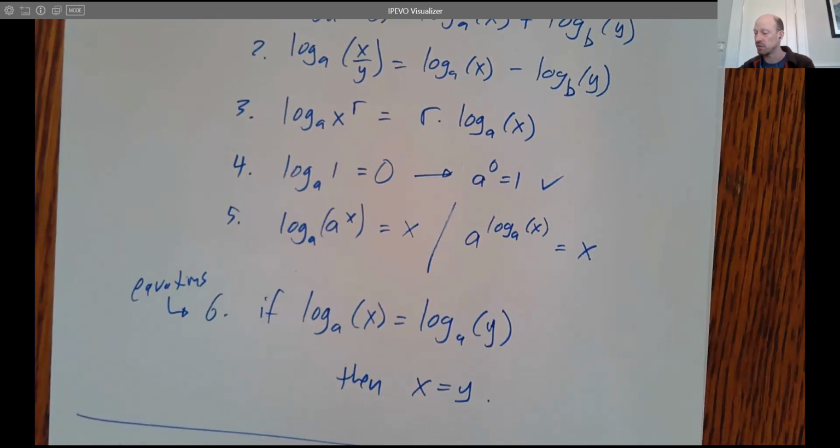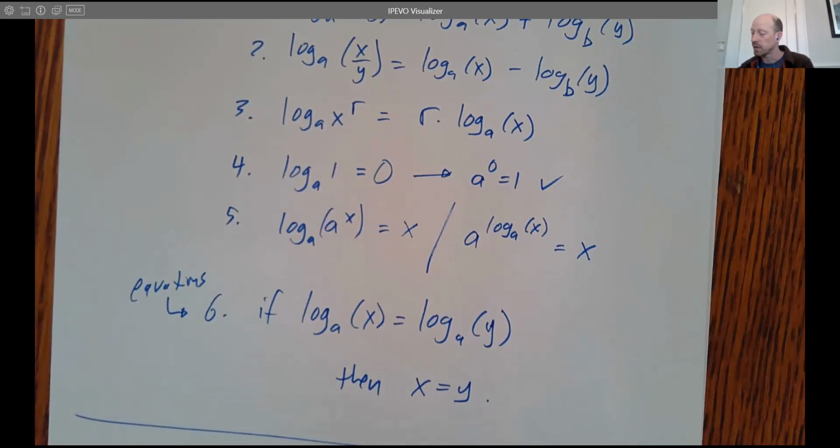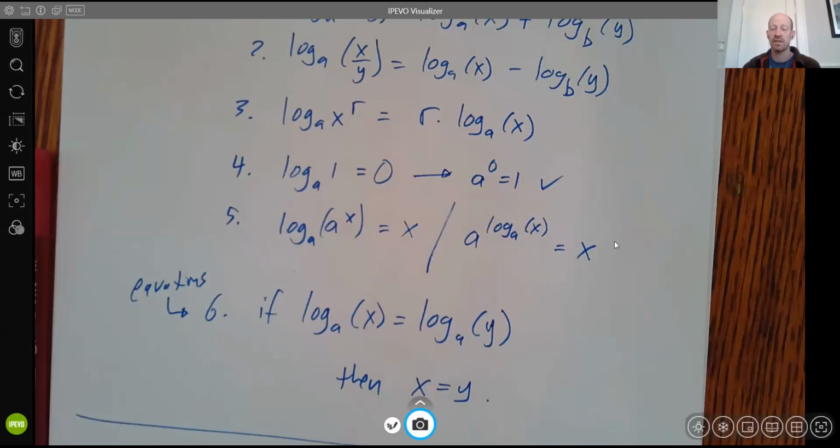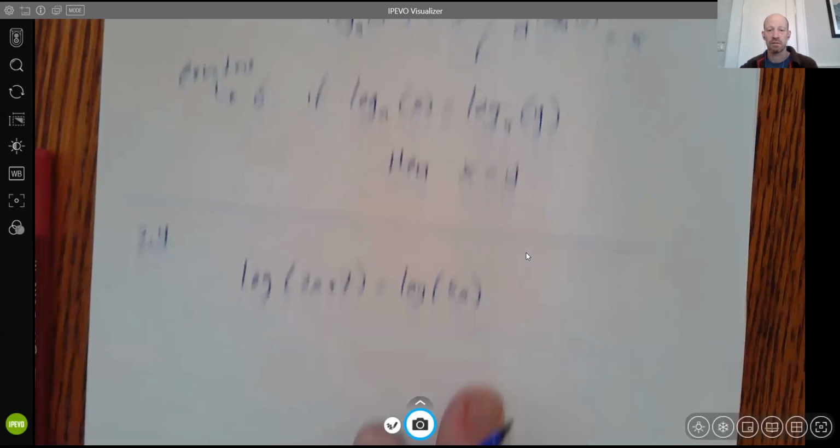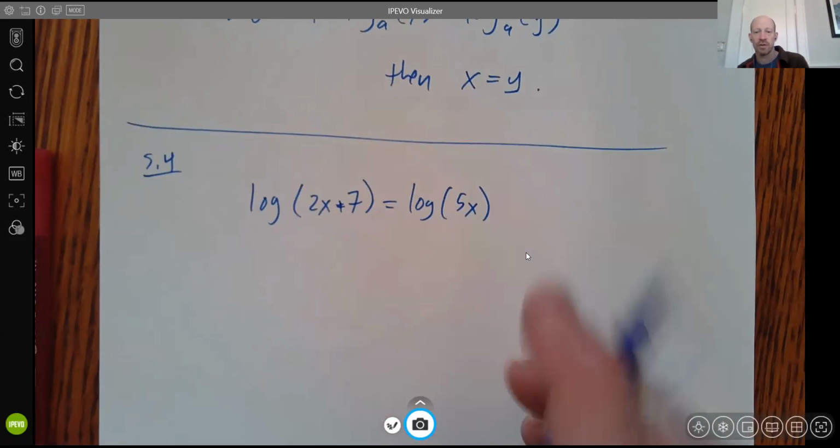It says the log of 2x minus 7 equals the log of 5x. Let's make that 2x plus 7.